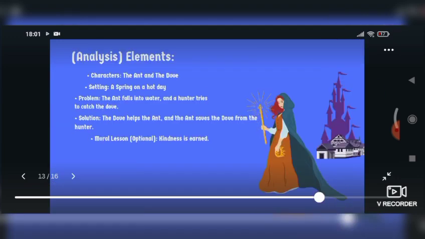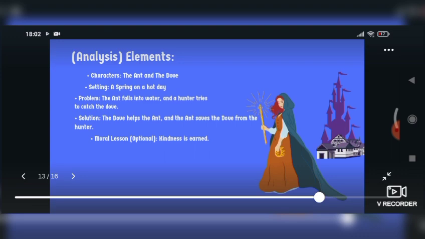Okay, that's the parts of narrative writing. Now we jump to the analysis, based on the narrative writing that I gave you. For the elements, there are characters. What are the characters? Yes, the ant and the dove. Settings: where does the story take place? A spring on a hot day. Problem: the ant falls in the water and a hunter tries to catch the dove. That's the problem.